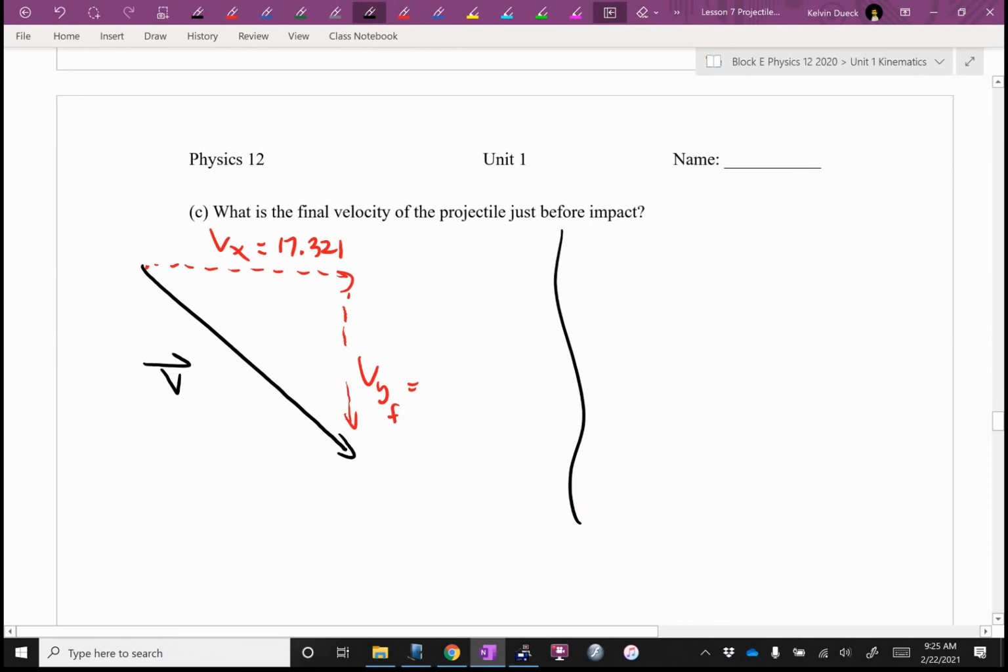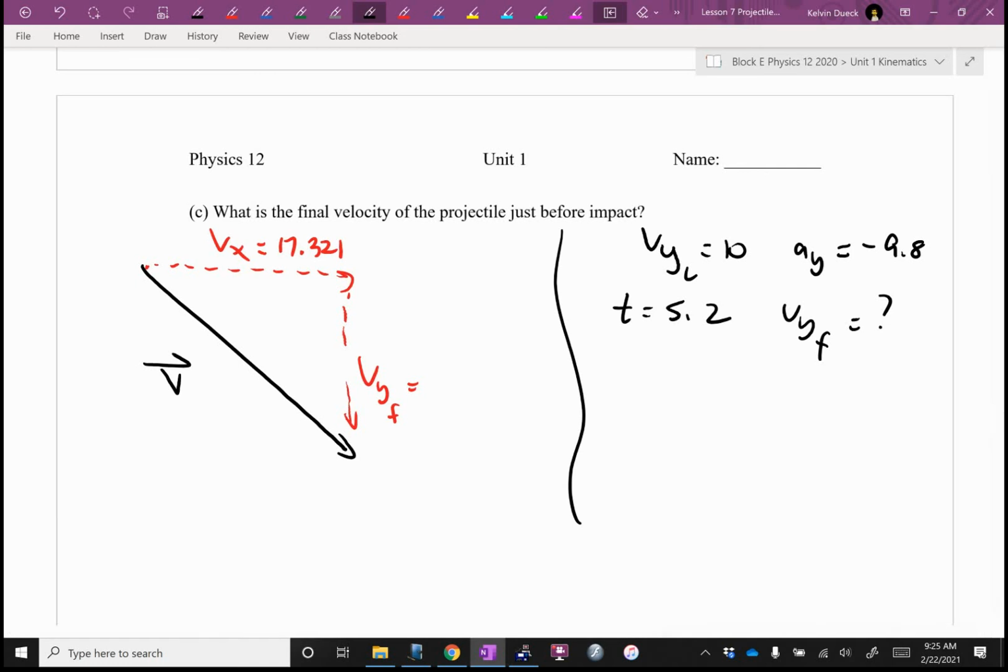I usually walk over here and just do a short vertical column. Vy initial was 10. Ay was negative 9.8. Oh, I also know time. That was 5.2. I can find Vy final. And I hope you're noticing now this is exactly the same as the question that we opened up today's lesson with. I think it's going to be Vy final equals Vy initial plus at.